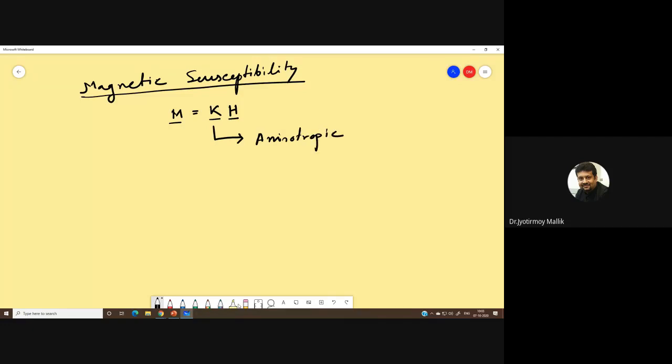So what does that mean? That K varies with direction. For example, if I look at a simple crystal of any system, this is the structure of a crystal.